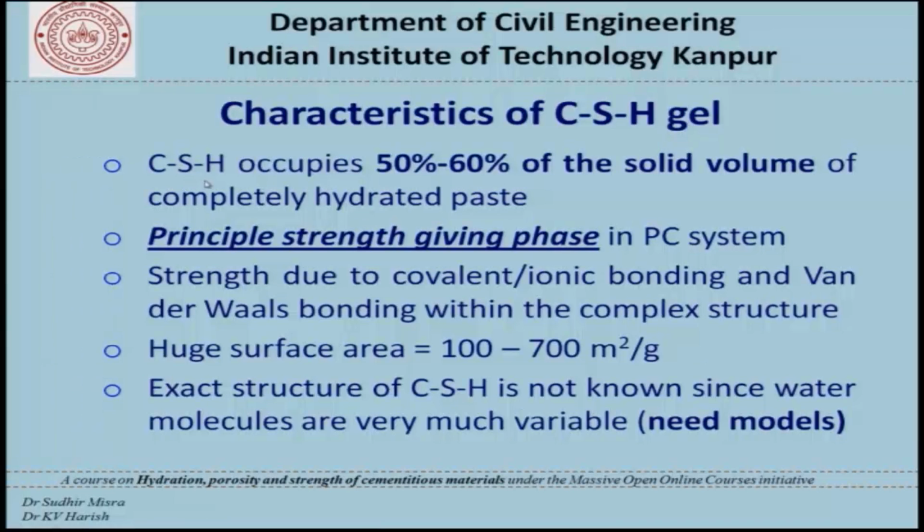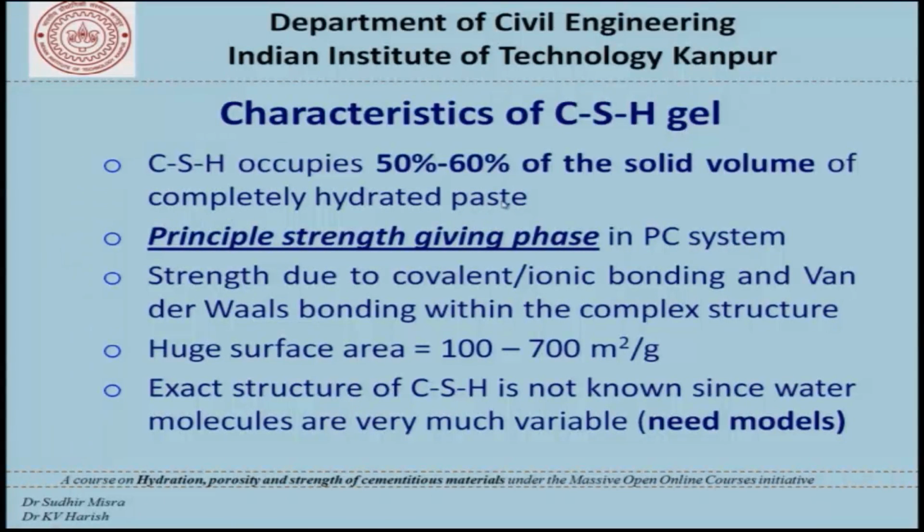Calcium silicate hydrate gel occupies 50% to 60% of the solid volume of completely hydrated cement paste. Remember that the system is never completely hydrated even after 6 months or 1 year, but if you take a completely hydrated system, we can approximately understand that 50% to 60% will be calcium silicate hydrate gel.